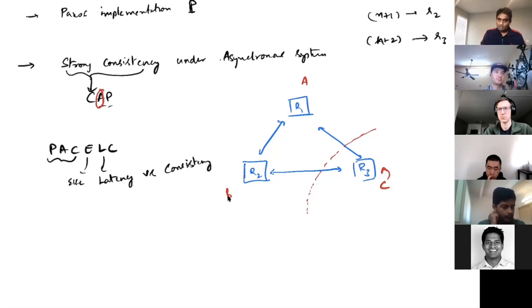So your network is very reliable, partitions are not there, so CAP is not applicable, but you still have a trade-off between latency and consistency. And so you have chosen to have the highest possible consistency, that is linearizable consistency. It's strong consistency. Strong consistency essentially implies high latency, right?